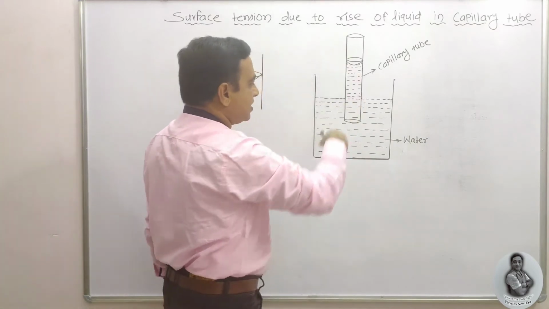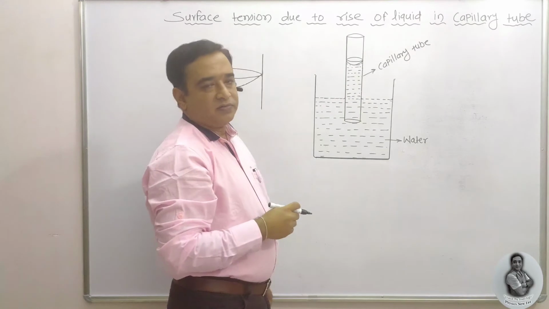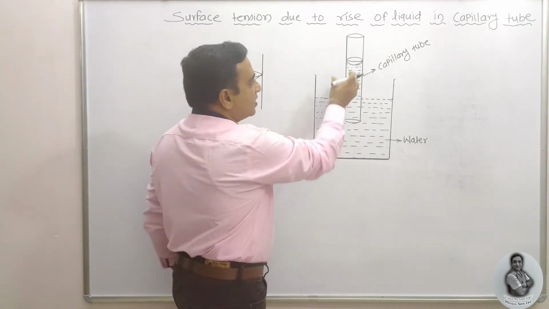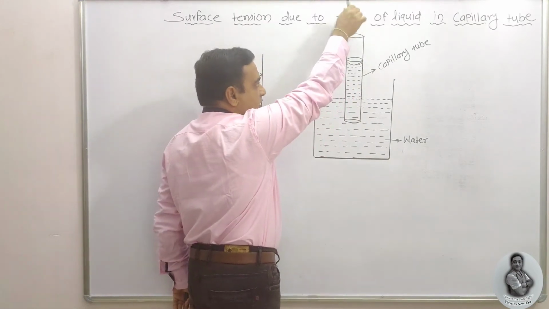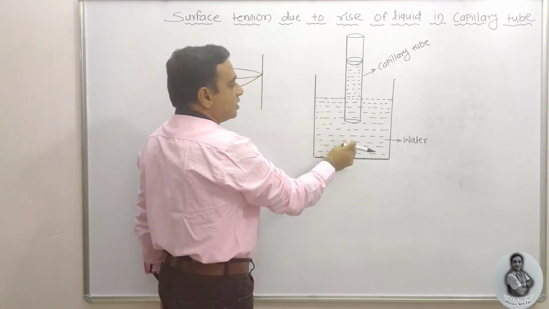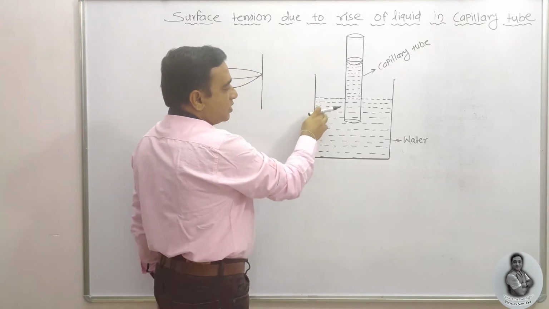If it is inserted inside the water, there is a rise in the level in the capillary tube. The above part is the concave part which is shown there. Here the pressure is more as compared to the convex side. So I need to consider the liquid rises inside the capillary tube due to pressure.